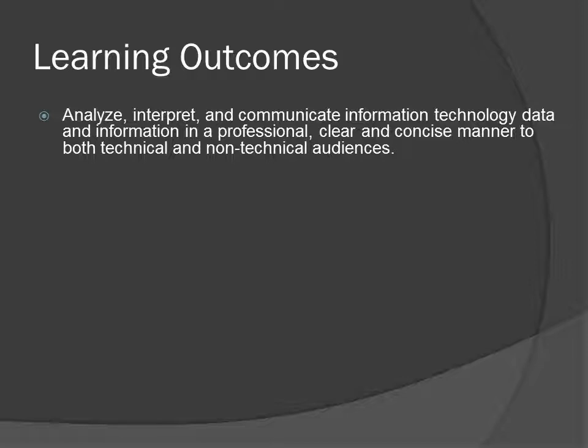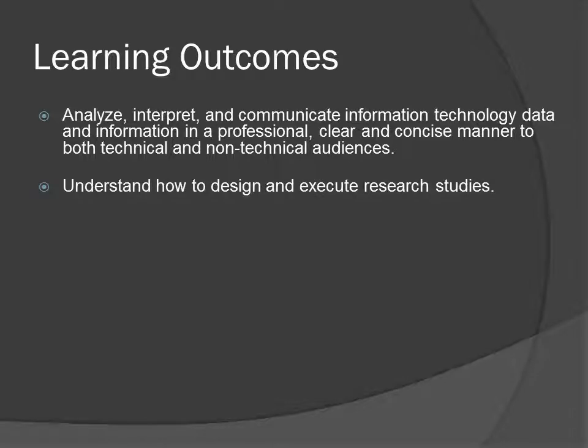You will have the opportunity to complete multiple assignments that allow you to demonstrate your communication abilities. You will have the opportunity to learn about and understand how to design and execute research studies. You will not design and execute your own research study in this course, but you will learn the research process.